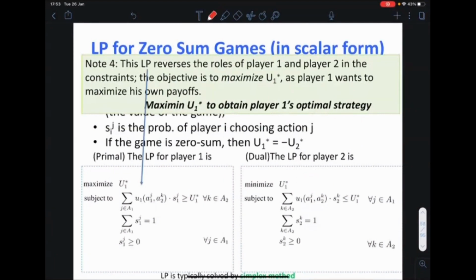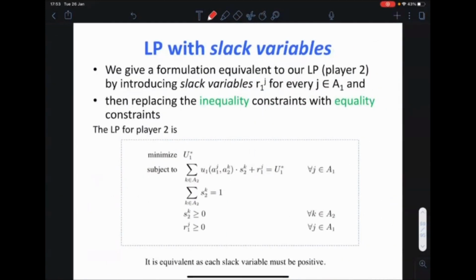So this LP does the same thing as before, but reverses the roles of player 1 and player 2 to find the solution, by maximizing this lower bound. You can also introduce slack variables. Instead of using the equality, you can use an inequality and then see whether there's support or not.